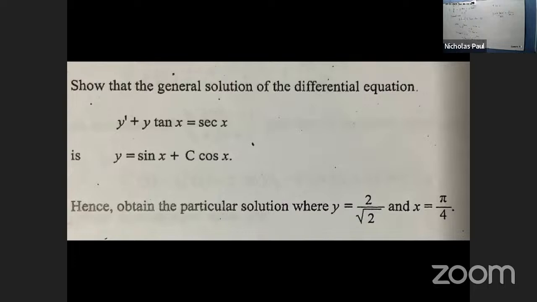Alright, so I just check in to make sure you have the right thing. You recognize that I is equal to e to the power of the integral of tan x, and as e and ln cancel, it will give you sec x.